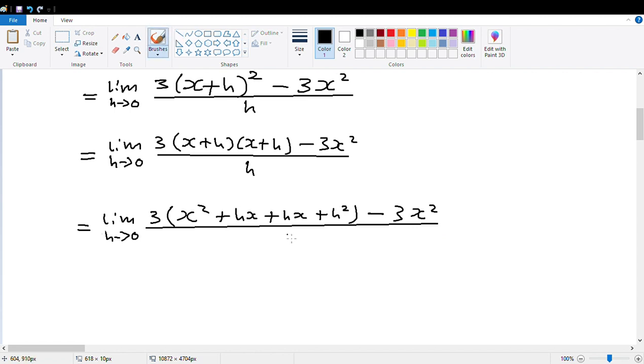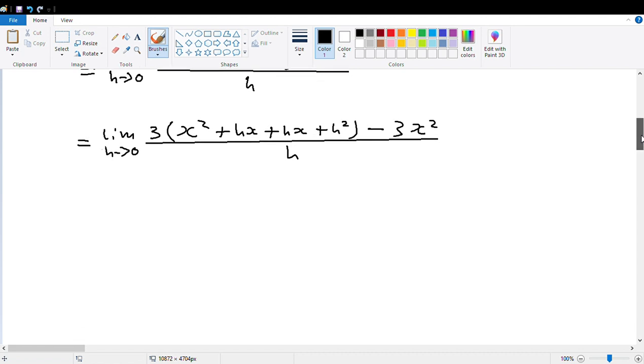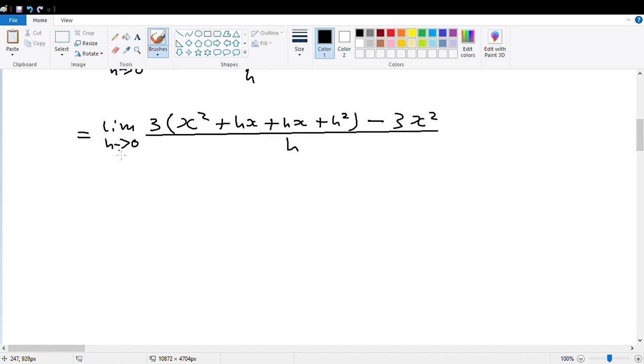Okay, so from here onwards, as you can see, 3 will be multiplying everything contained within your parentheses.